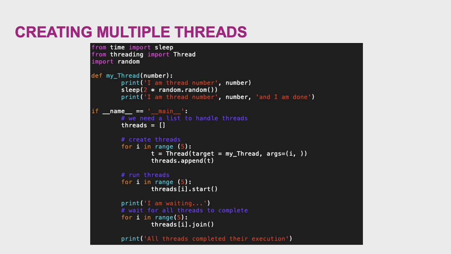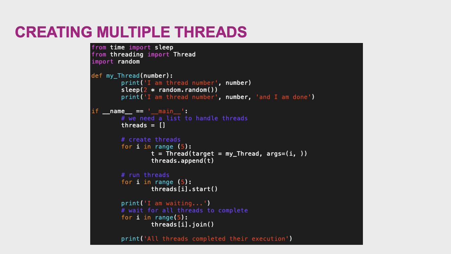Basically, it prints "I am thread number" with the number that was passed into the function. Then the function sleeps a random amount of time between 0 and 2 seconds. Then the function prints "I am thread number" and "I'm done." So it's quite simple.